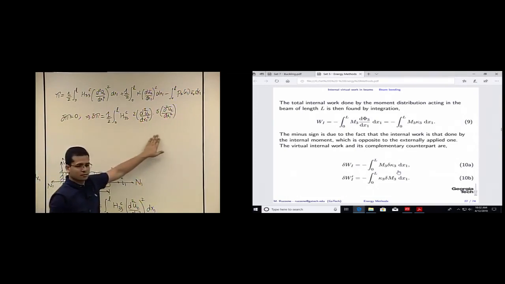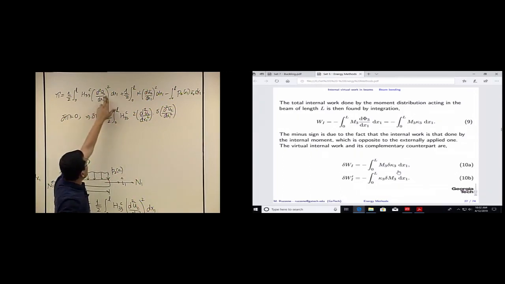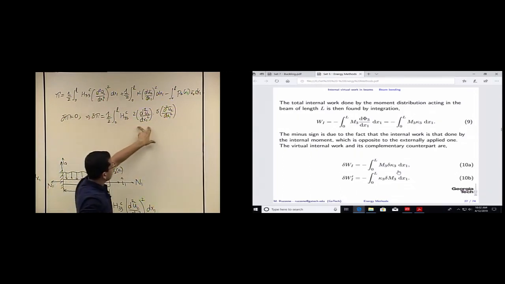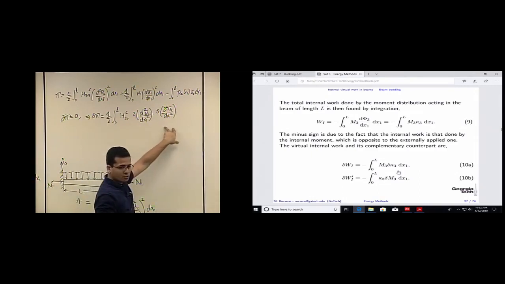Does this make sense? It's like the chain rule for differentiation, but here we are doing a variation. Okay, so it had a square, so the 2 comes in front, then you write the expression and then you take the variation of the expression.